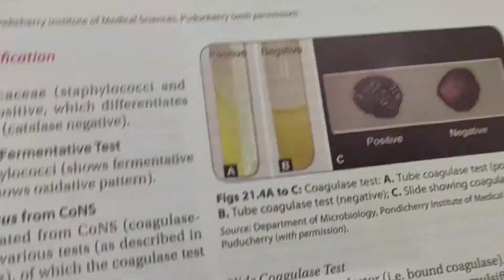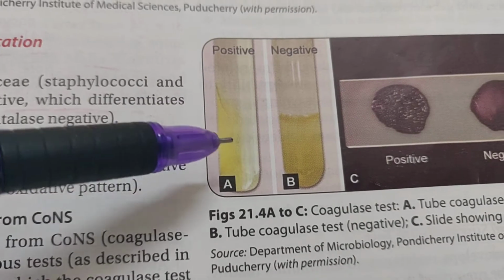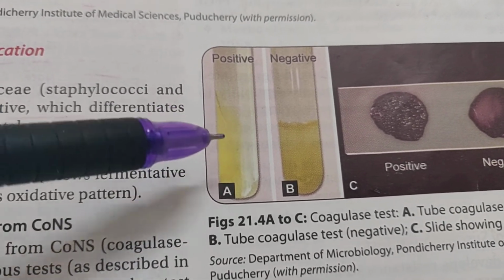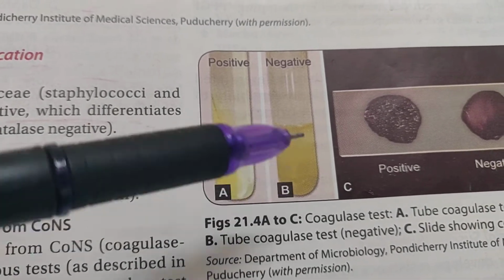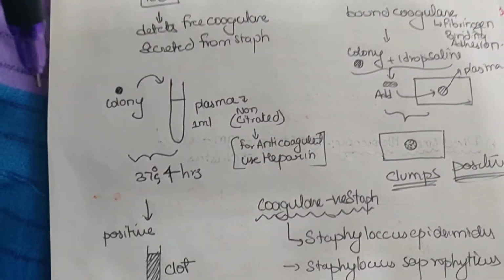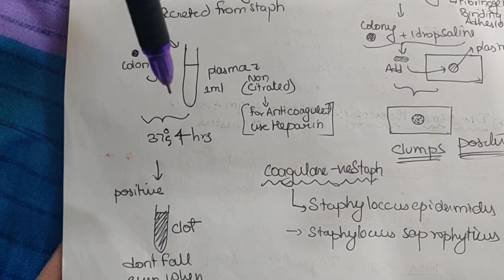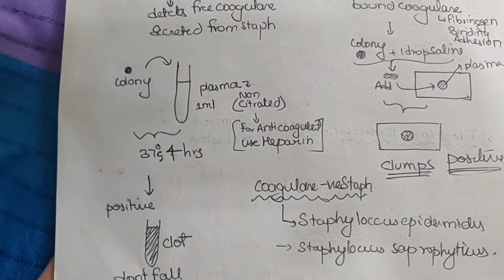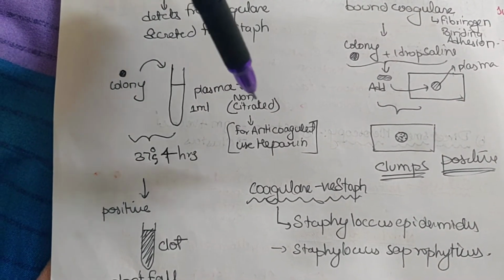So you can see this is positive, it forms a coagulum, and negative is still liquid, and it is called negative. So this is about the tube coagulase. Okay, it is incubated for about 4 hours, and we should take care that the plasma should not be citrated.